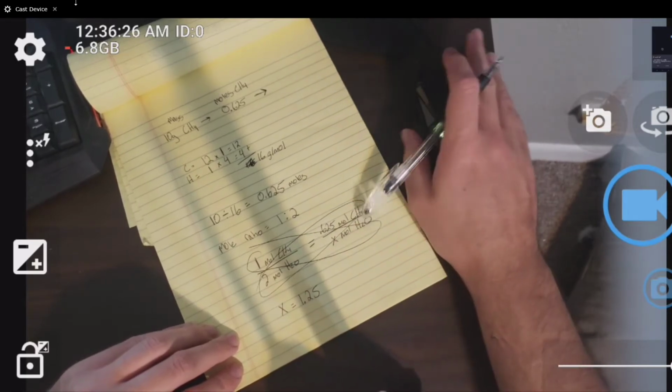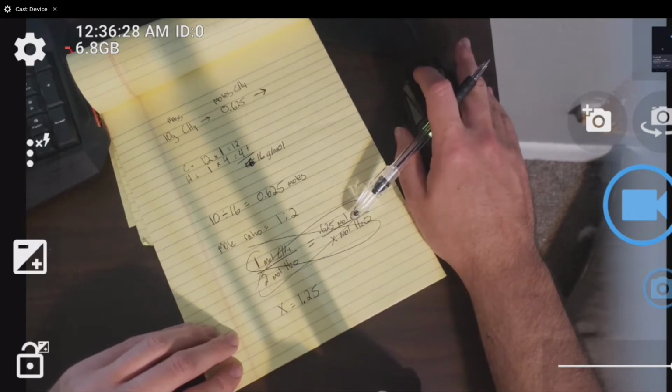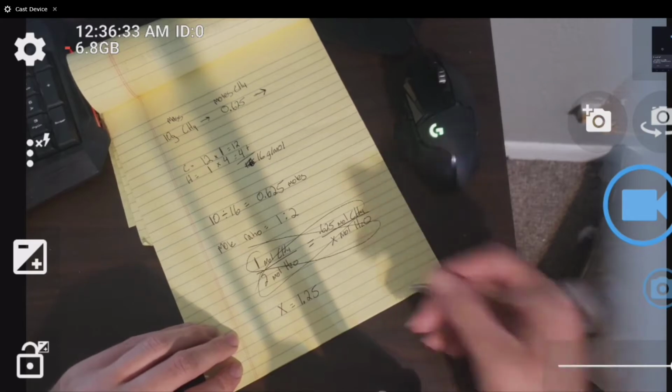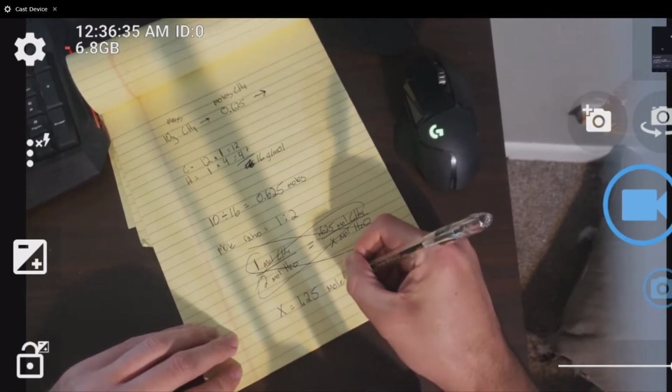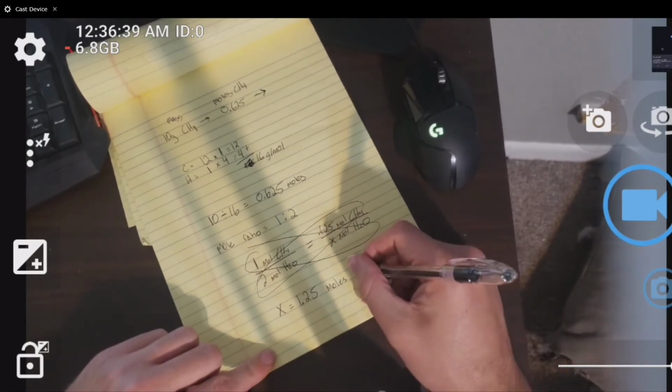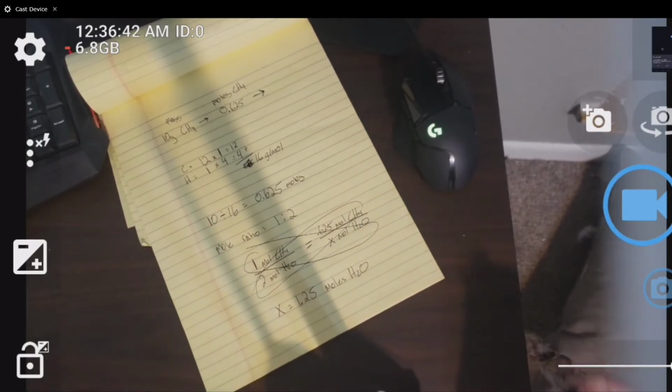Is that right? Yeah. Okay, we don't have to do anything else because we already have it solved for x here. So that's 1.25 moles of H2O.